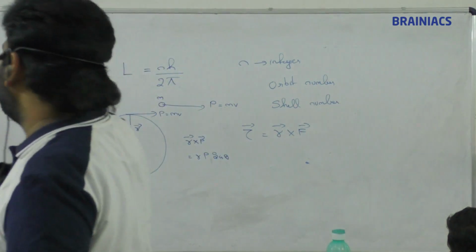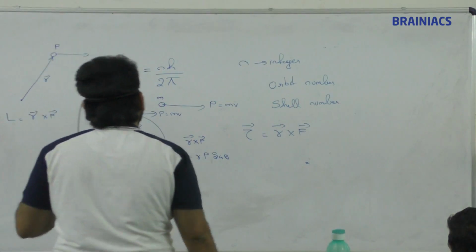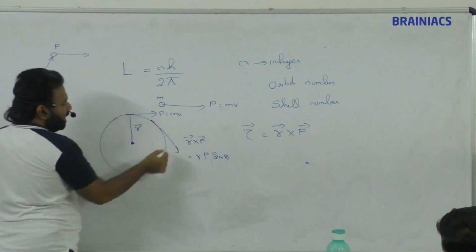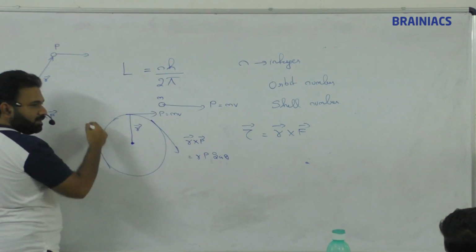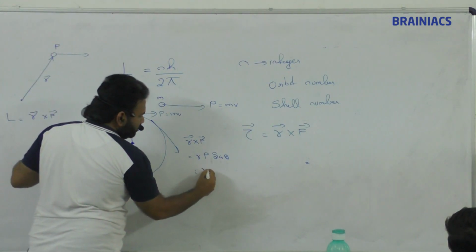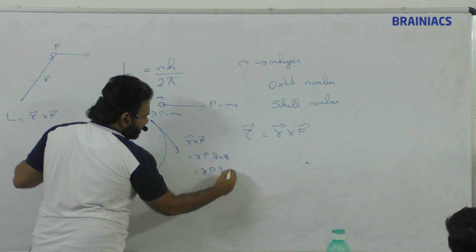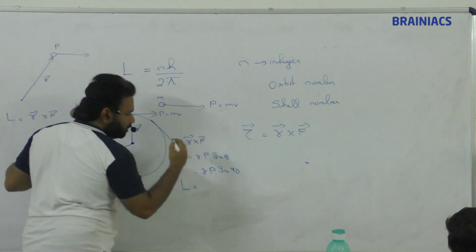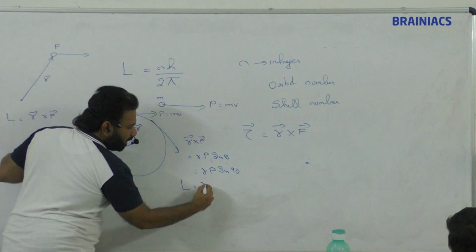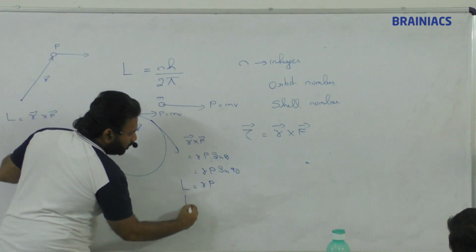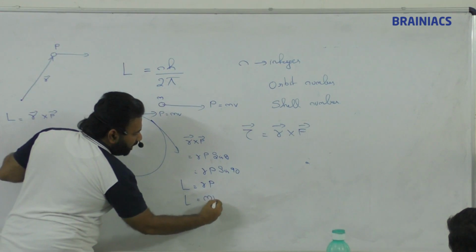What is the angle between r and p here? 90 degrees. Always, the radius is radius and the tangent is at 90 degrees. So we can say rp sin 90. So the angular momentum L is nothing but rp, or we can write L is equal to mvr.